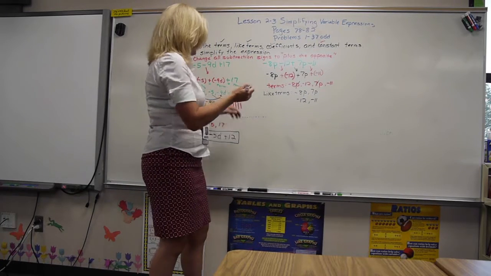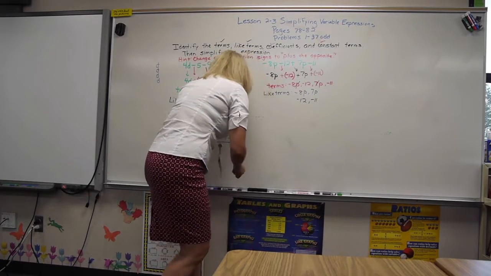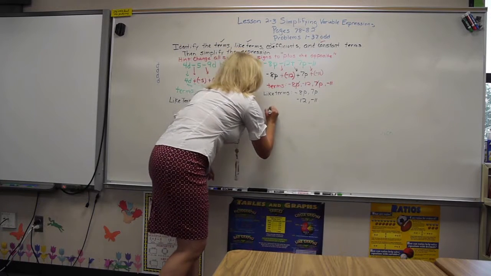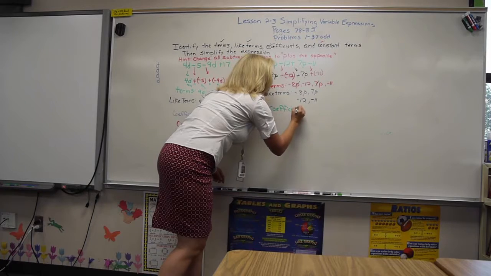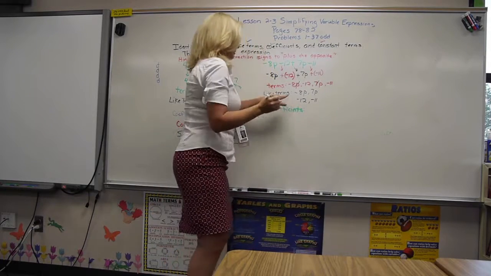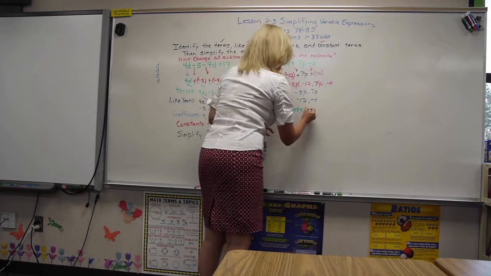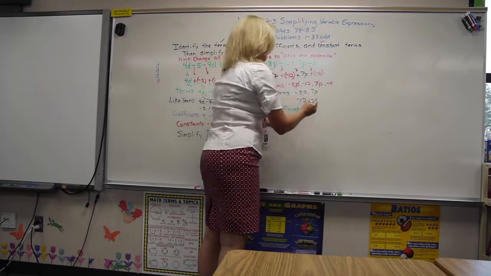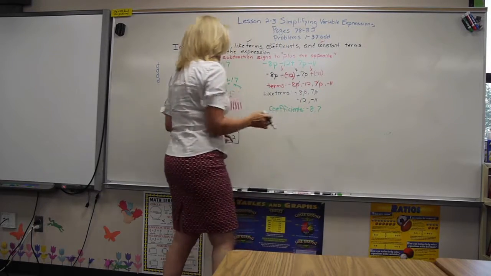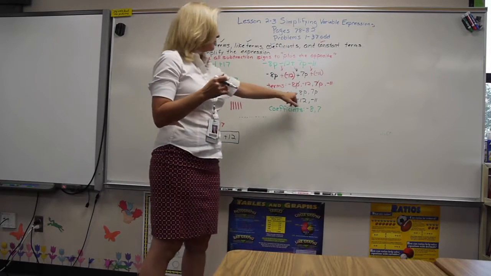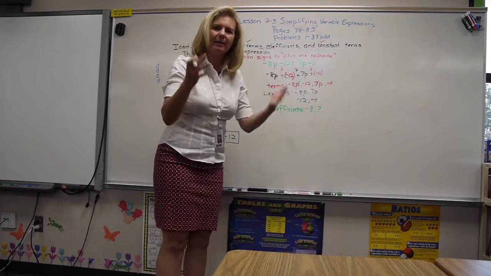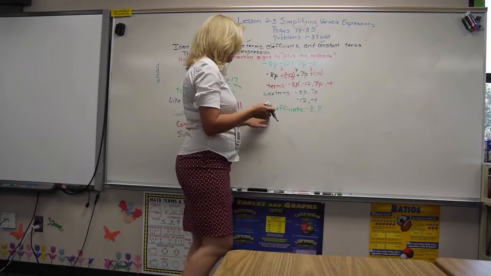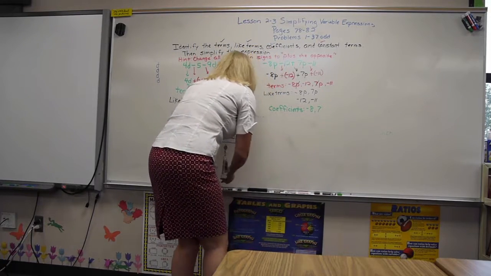So then when I want to do my coefficients, that's what's attached to the variable. I have a coefficient of negative 8 and a coefficient of 7. Now notice I left the variable off. If they're asking for the coefficient, it's only the number. It's not the variable. And then they're going to ask me for the constants.